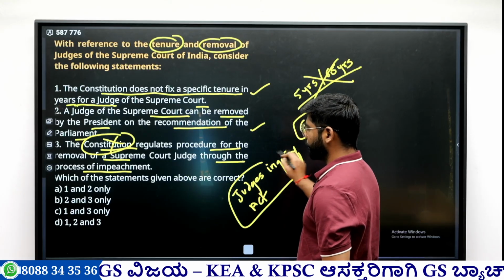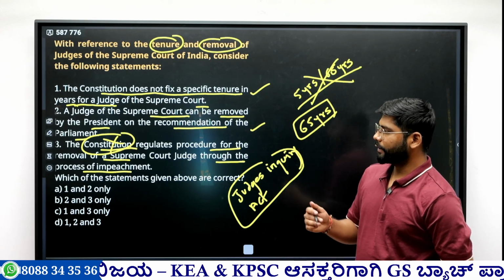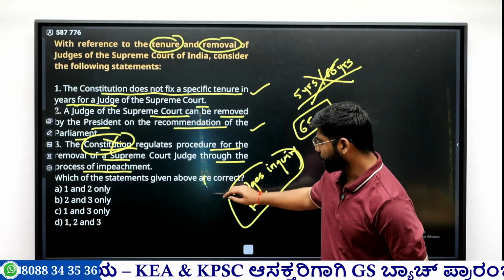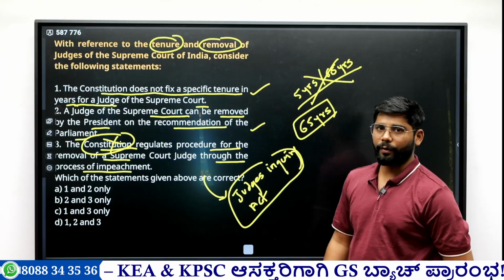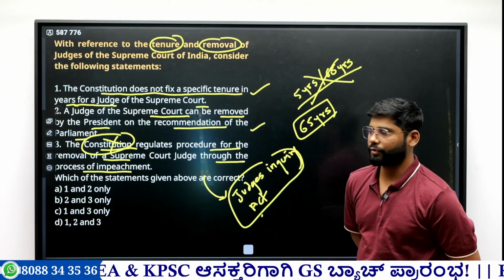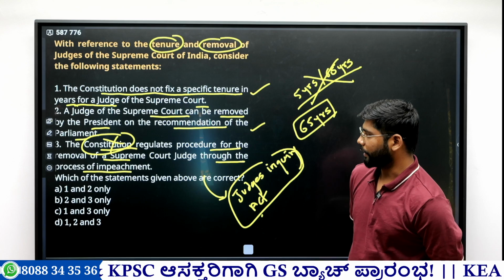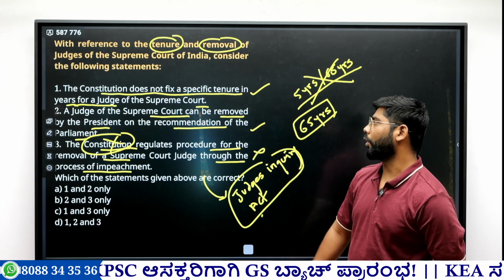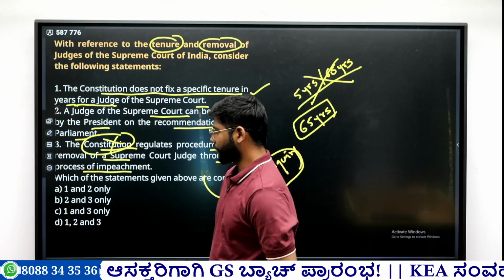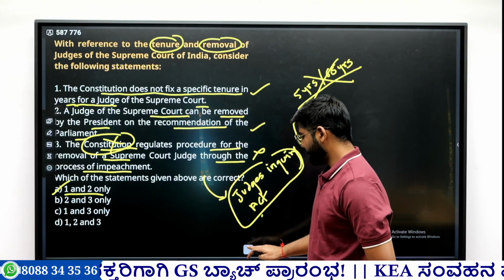The power to regulate the procedure is given to Parliament by the Constitution, and according to that, Parliament brought this particular Act, the Judges Inquiry Act, and this Act regulates the procedure of removal of Supreme Court judges through the process of impeachment. So that's why the last statement becomes wrong. This we will see with the next MCQ. So the first option A is correct: only 1 and 2 are correct here.